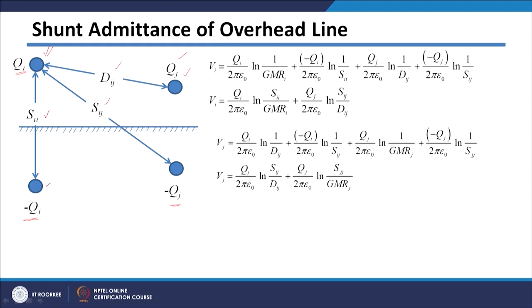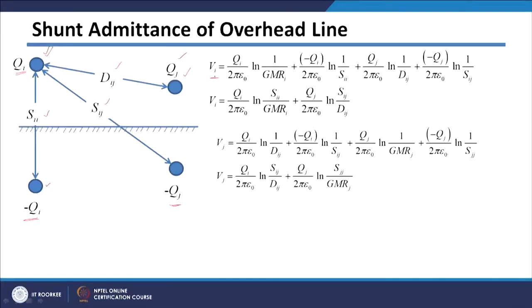Now, if you write the equation for voltages on these conductors, the voltages will be due to all four charges, the conductor charges as well as the image charges. So, the voltage at conductor I will be due to all four charges, and it will depend upon the distance between those charges.